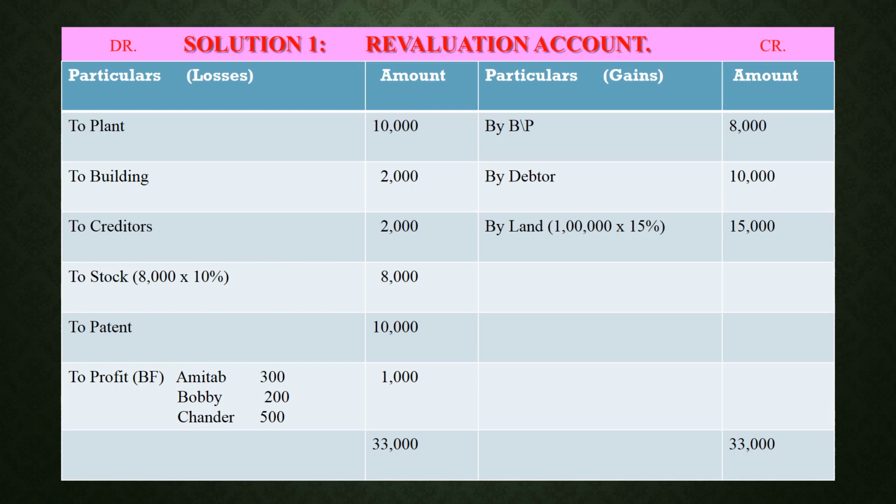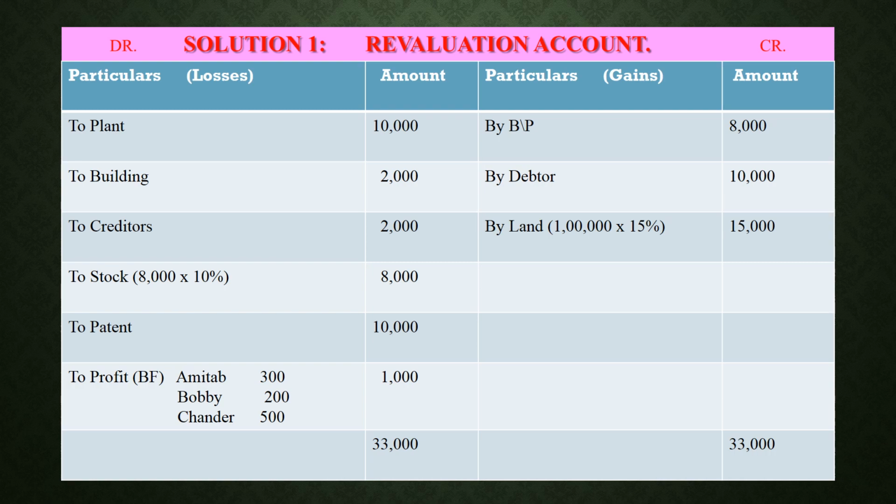Next adjustment is creditors increased by rupees 2,000. Creditors increase, creditors are liability, liability increase is loss for the business. So therefore it will appear on debit side. So creditors will appear on debit side. Amount will be 2,000 because by term is used in the adjustment of the question. Next adjustment is stock depreciated by 10%.